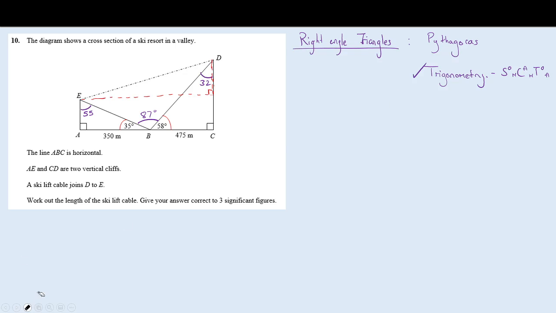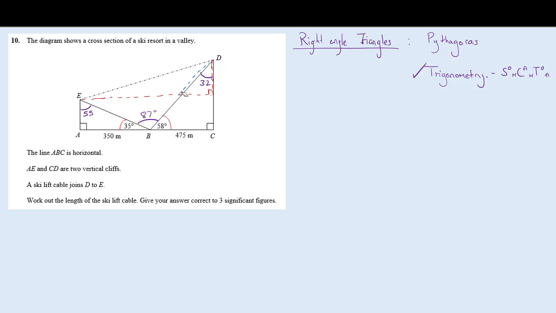If I took a different avenue and I said, okay, what if I want to work out these two sides here? I could still do that, but then I would have to use the cosine rule, which is arguably more difficult than using Pythagoras.